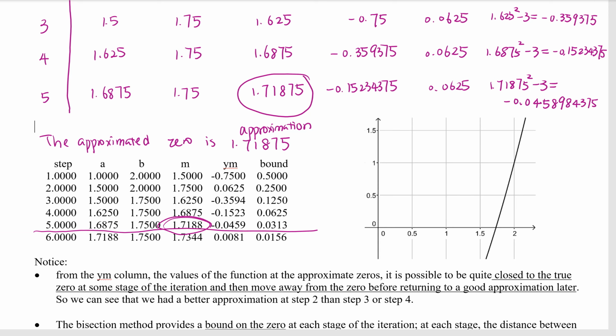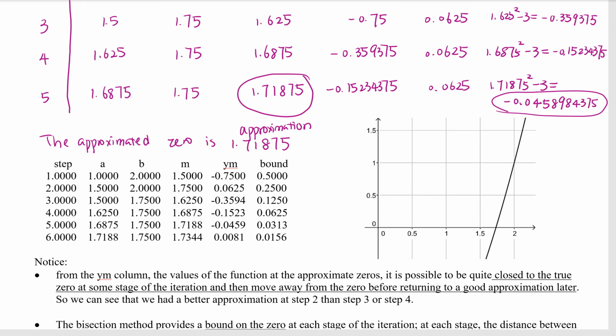MATLAB usually keeps 4 decimal places, but you can change the preference to have more decimal places. This is the ym, and it also has the error bounds.